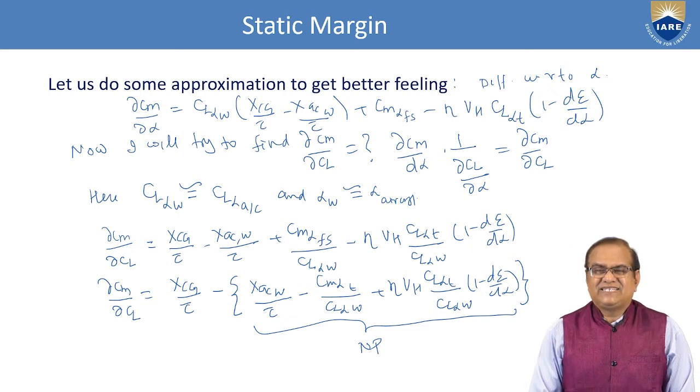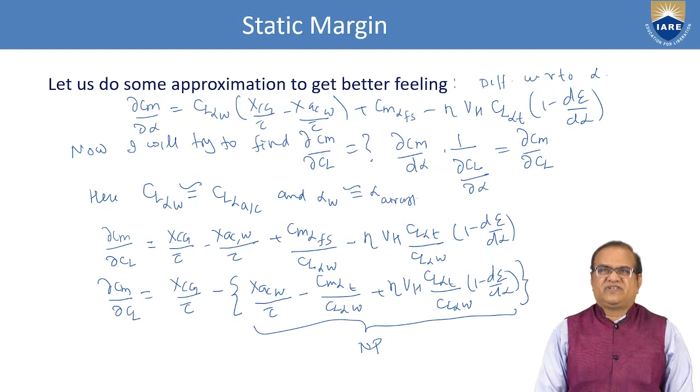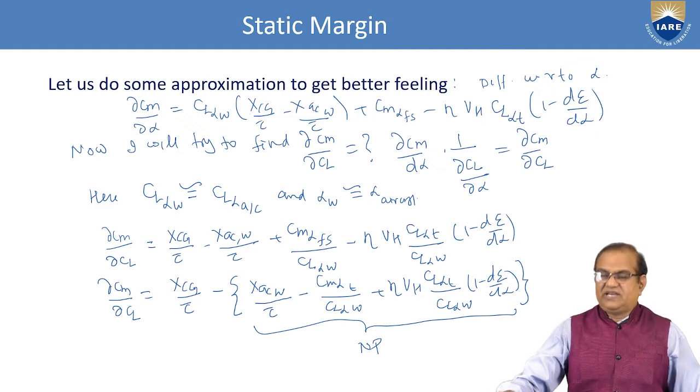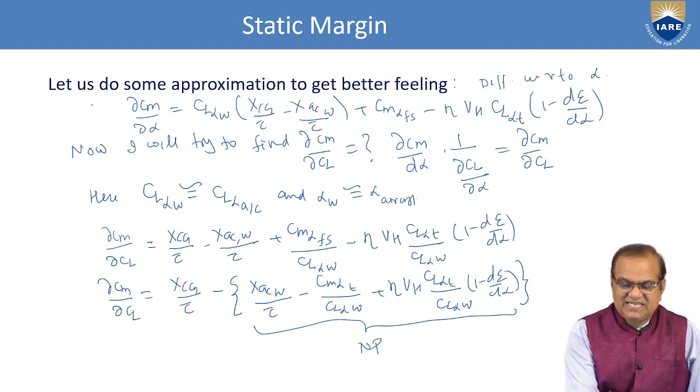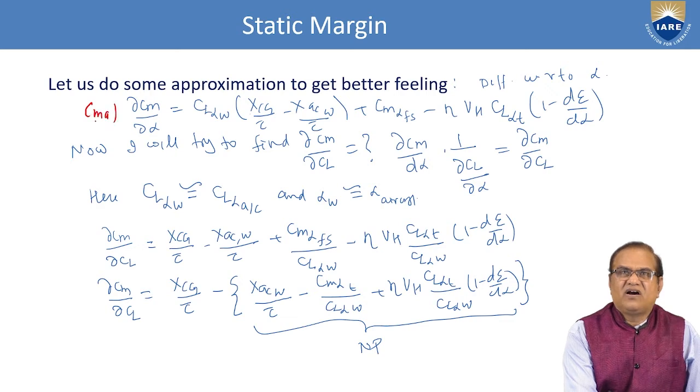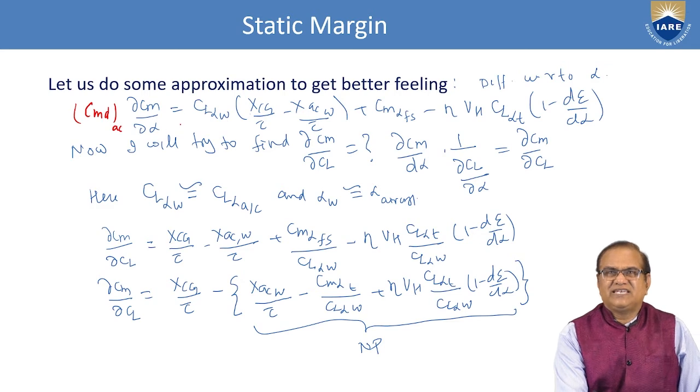Let us see, we have seen already for the aircraft, this is the Cm alpha AC. You can also write AC here.